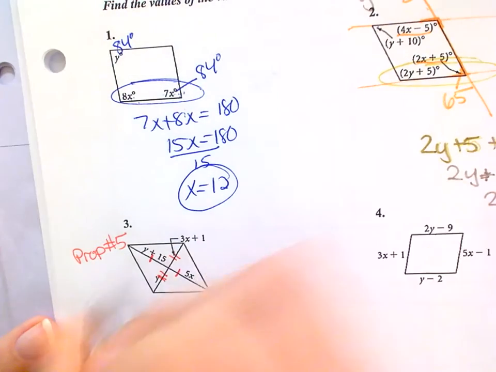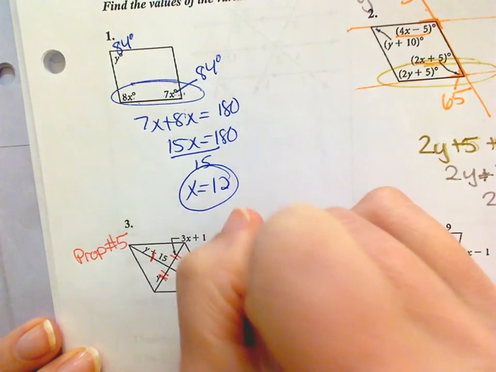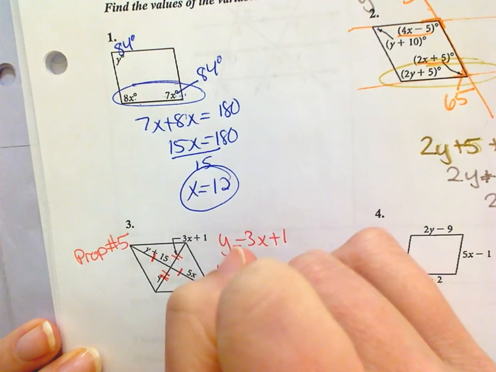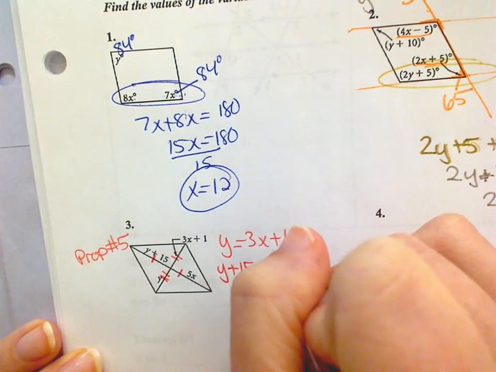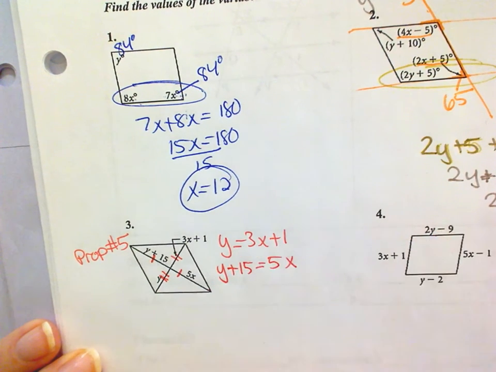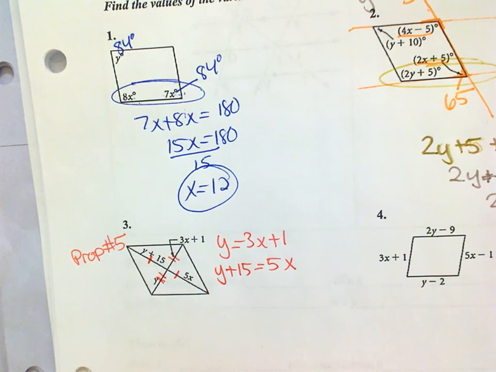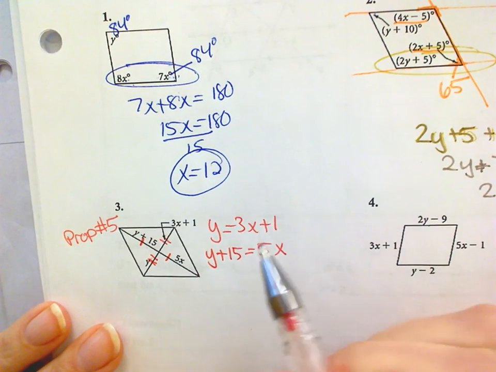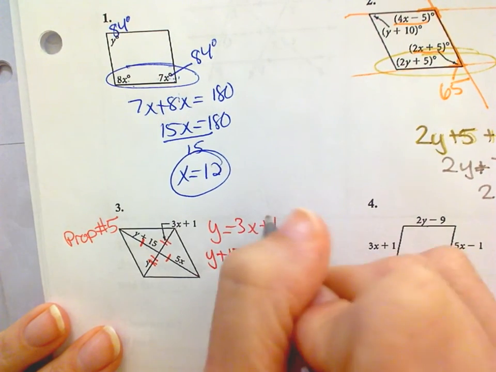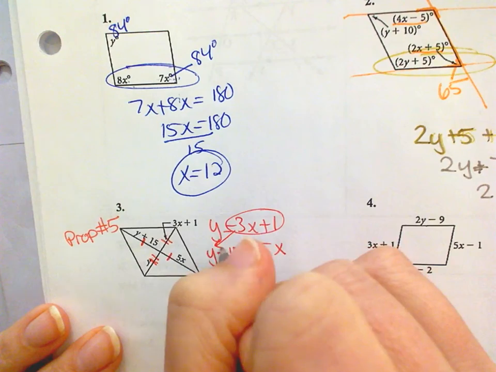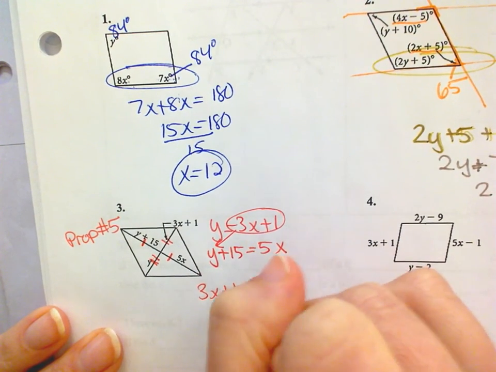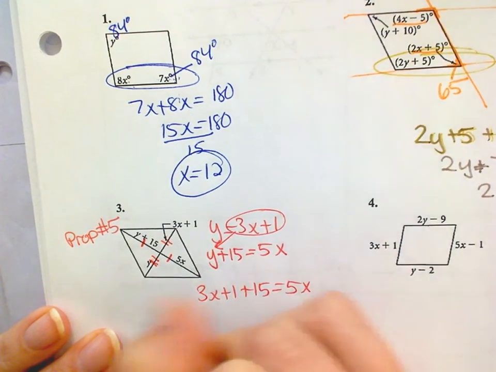So unfortunately, we're going to have that y equals 3x plus 1. And we also know that y plus 15 equals 5x. Hopefully by now you realize we have x's and y's mixed in our equations, so we're going to have to do a system. But it's a nice system. So you can plug it in there. 3x plus 1 plus 15 is 5x.